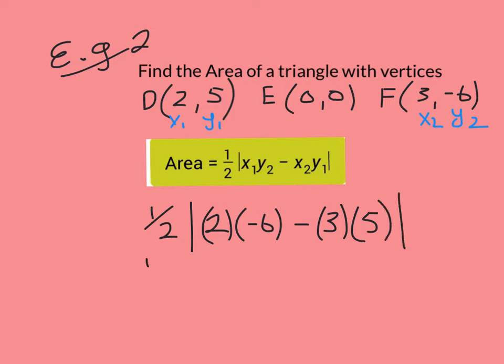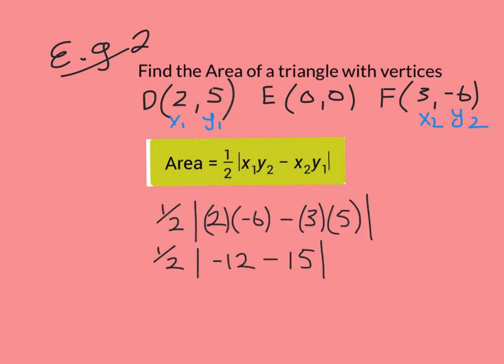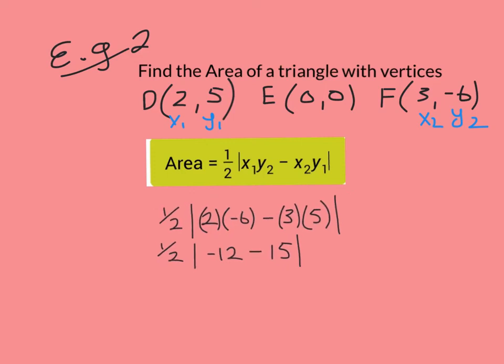Okay, that will give me a half. 2 by -6 gives me -12. Minus 3 by 5 is 15. So what I now have is a half of -12 minus 15, which is -27.